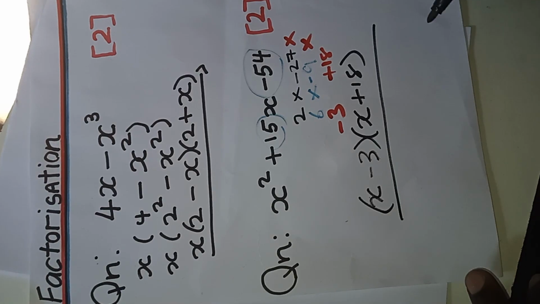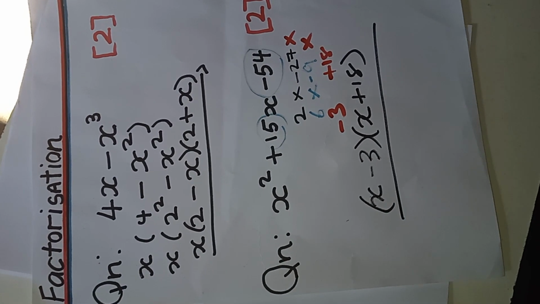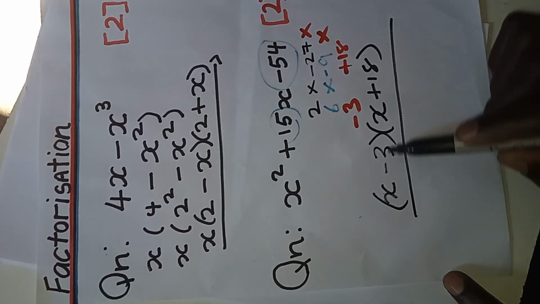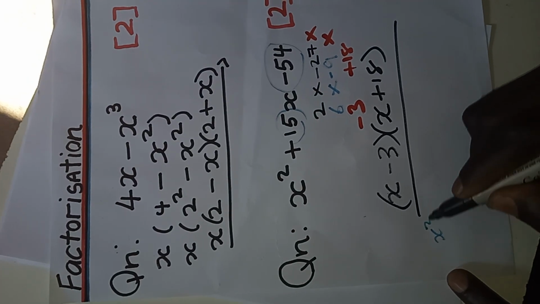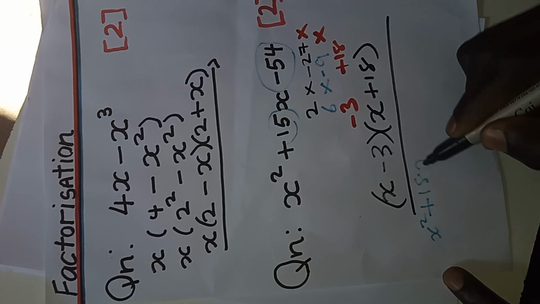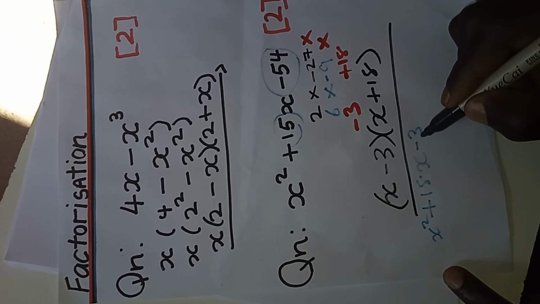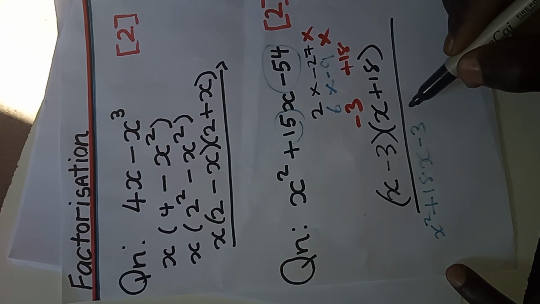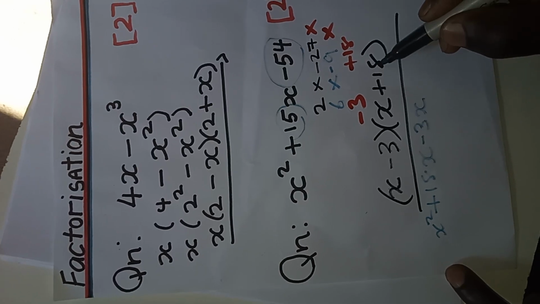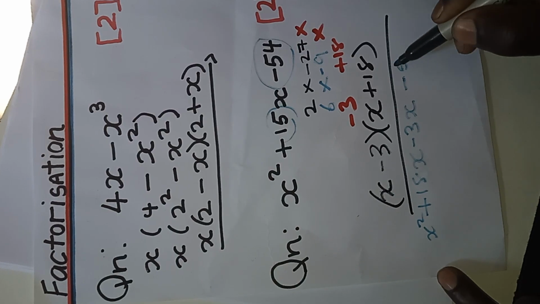Now to cross-check if our answer here is correct, we can verify by quickly expanding it again. x multiplied by x gives us x squared. x multiplied by this 18 gives us plus 18x, then minus 3 multiplied by x gives us minus 3x. Then this minus 3 multiplied by 18 gives us minus 54.